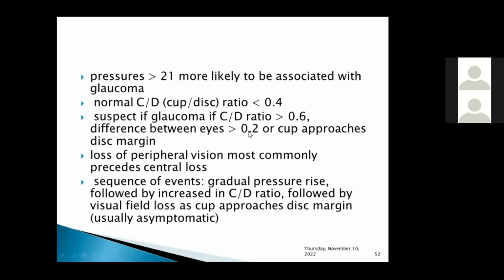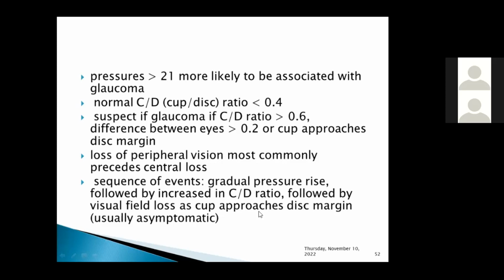The other important thing: vision loss in glaucoma starts with peripheral vision, not central vision, okay? So that's why patients present very late, because their central vision is not affected, they tend to come very late. And most of the time it is asymptomatic.